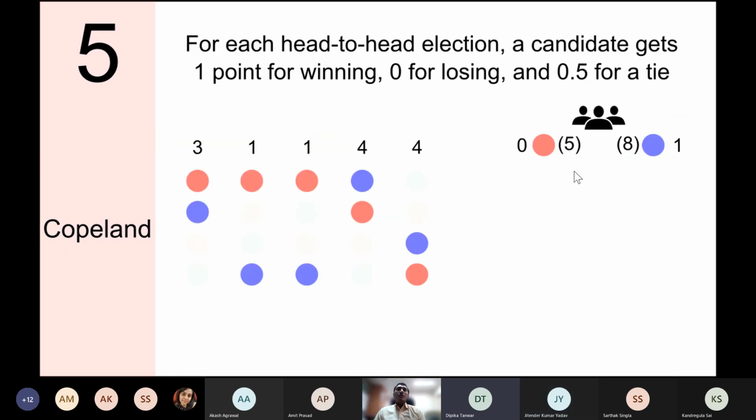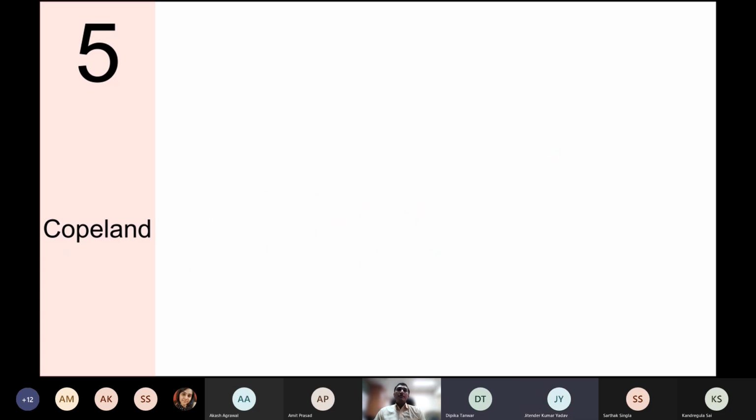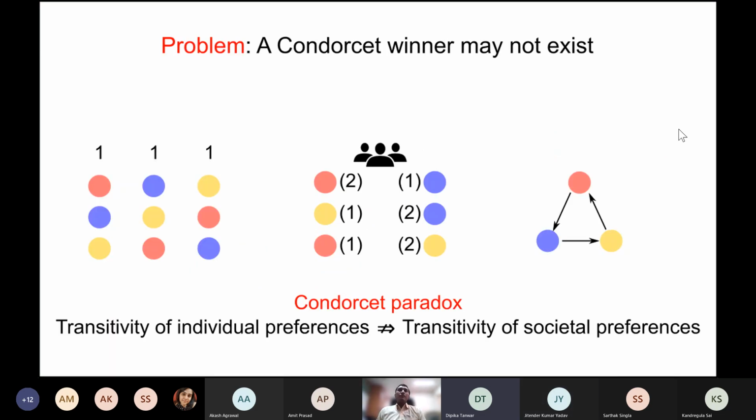So you're talking about the Condorcet paradox, are you? Yes. If we apply this Copeland method to this particular situation, isn't it the same? Like each of these gets 1 point.